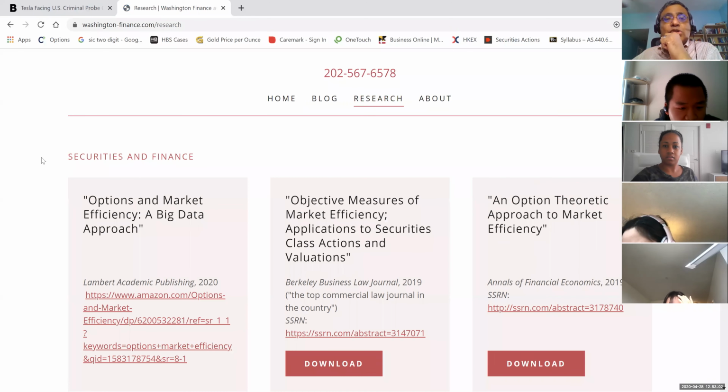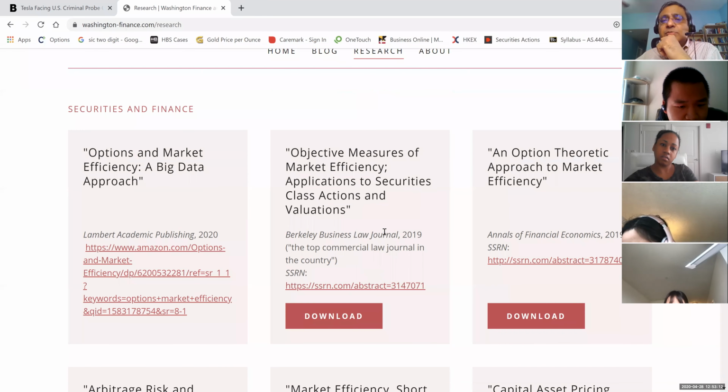So this one, Options and Market Efficiency, a Big Data Approach, has been published as a book. Objective Measures of Market Efficiency Applications was published in the Berkeley Business Law Journal last year. An Option Theoretic Market Efficiency was also published. Last year has been my best research year ever. I had 5 publications in the last 12 months.